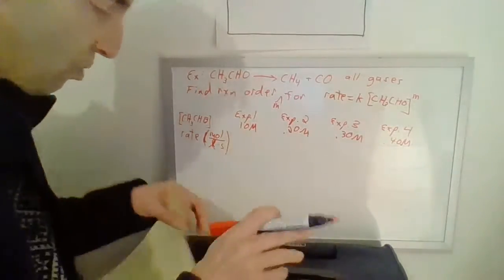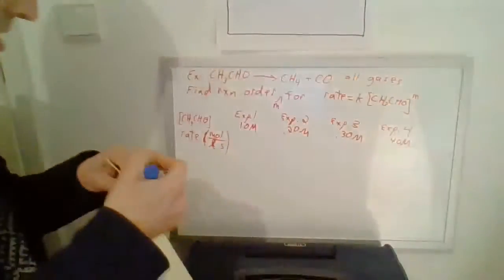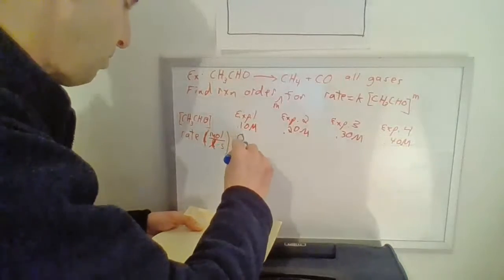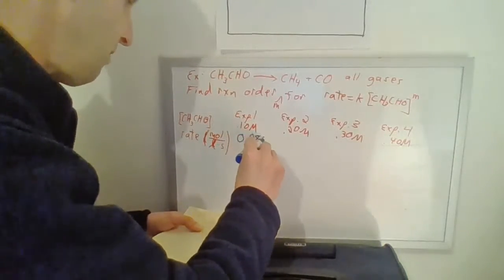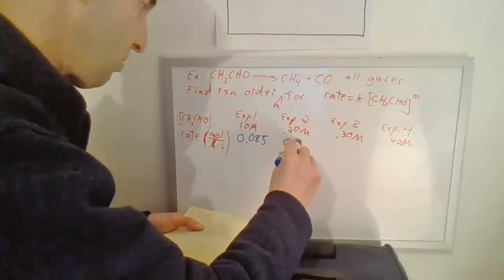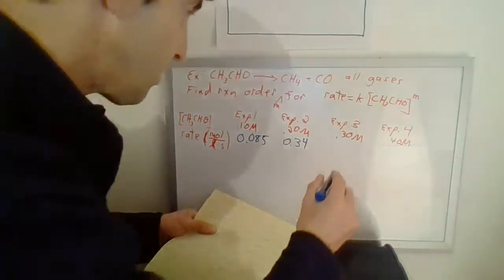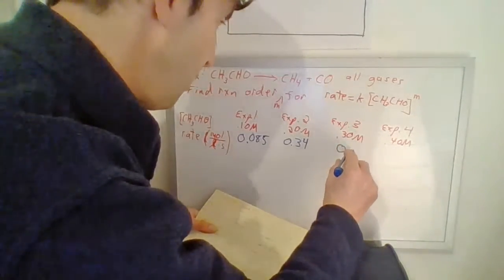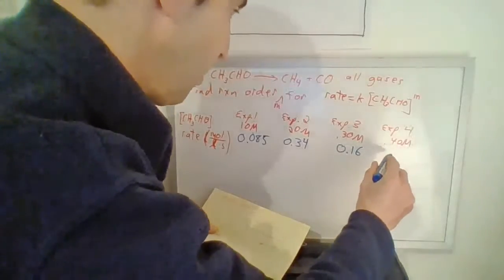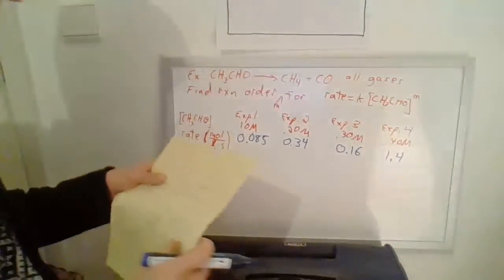Okay, so let's get some rates. I'm going to do those in another color so I can see them easier. So this is 0.085. This is 0.34. This is 0.16. And this is 1.4.